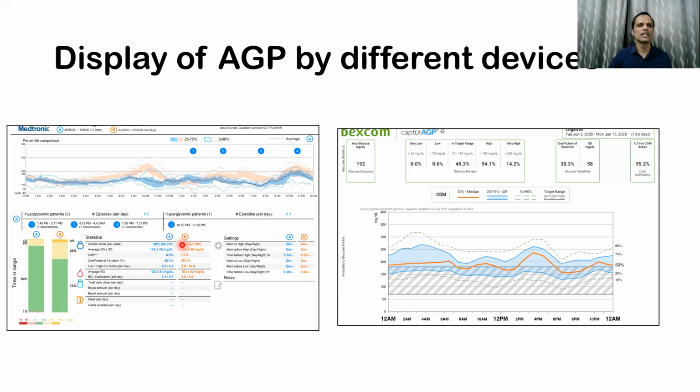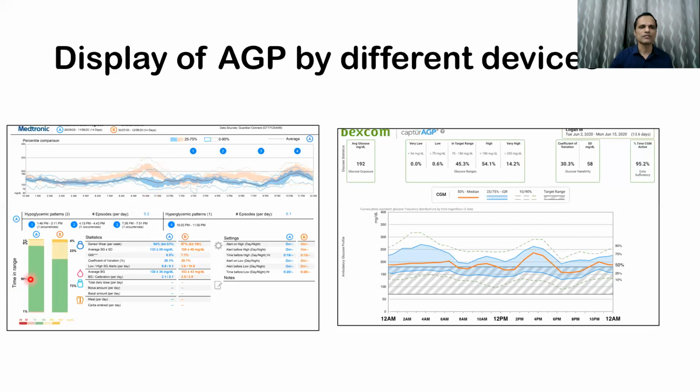On the left hand, you are seeing this report by Medtronic Guardian Connect. And here you can see that there are 2 sensors being reported, A and B, for 14 days each, 2 time periods basically. This blue is A and the orange one is B. Again, the dotted line is the median, the shaded colored area is the interquartile range, and the line without any color is the interdecile range.